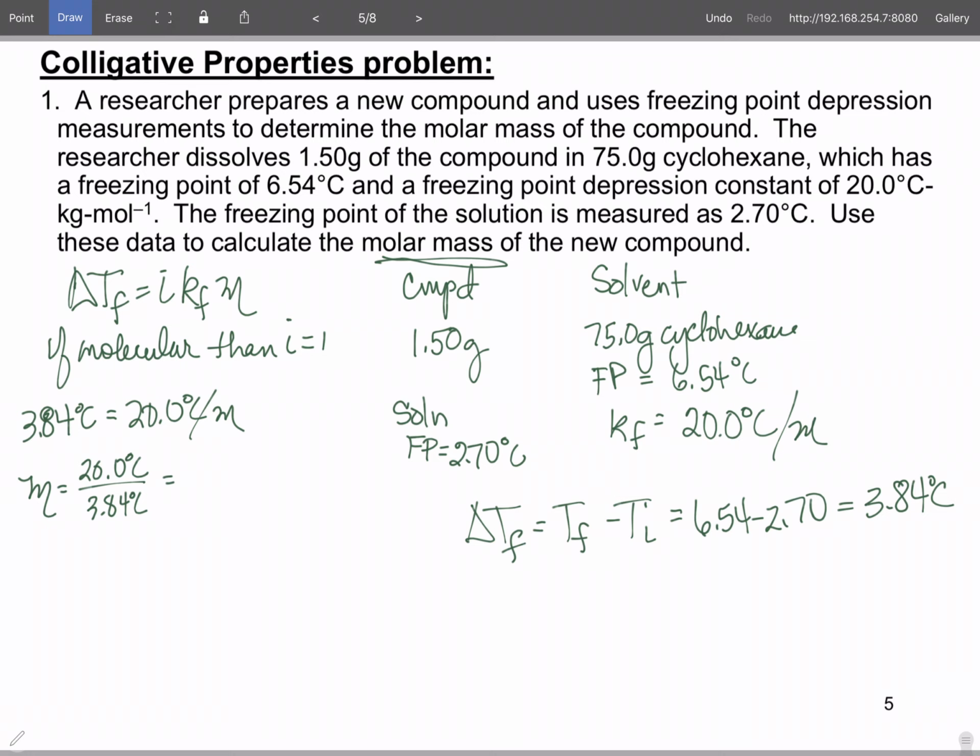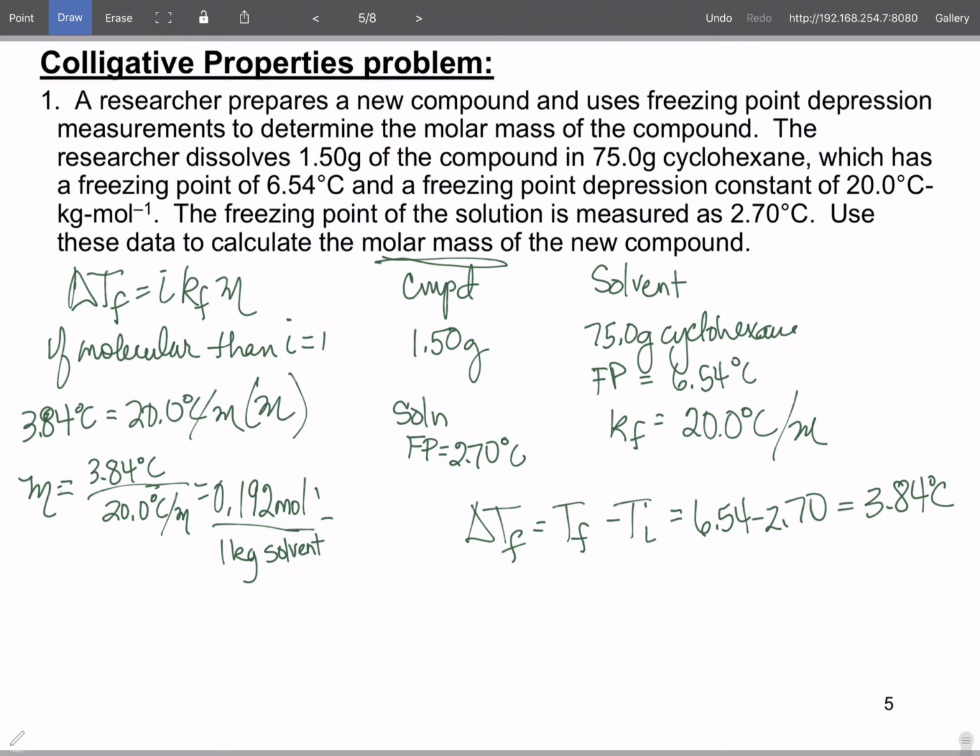Oh, that was my problem. I need the molality there. So, again, helping erase things. This is combined, so this is part of my constant. So my molality is 3.84 degrees C divided by 20.0 degrees C per molal, which means I get a value of 0.192, and that's moles per 1 kilogram of solvent.